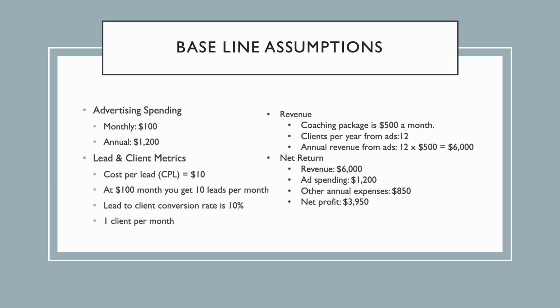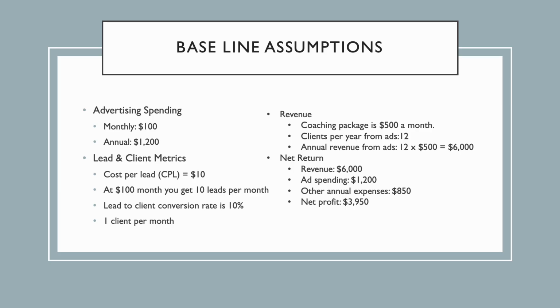And we are also going to assume that there is a 10% lead to client conversion rate. So we can expect roughly one new client per month from advertising. The current rate for a 90-day program is $1,500, which breaks down to $500 per month, bringing in one new client per month, which results in 12 new clients per year, generating $6,000 in annual revenue from this campaign.